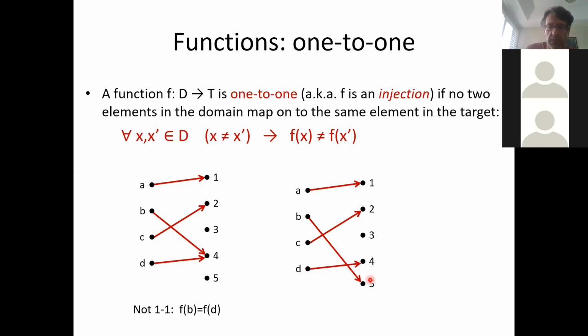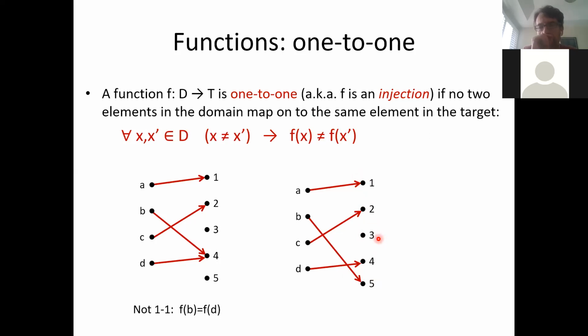So this function, if I kick out 3 from the codomain, then if I declare the codomain of this function as the range, so it's just 1, 2, 3, 4, and 5, then it becomes a bijection. But if this element is included in the codomain, then it's not a bijection because it's not onto. It's one-to-one, but not onto. Other questions?